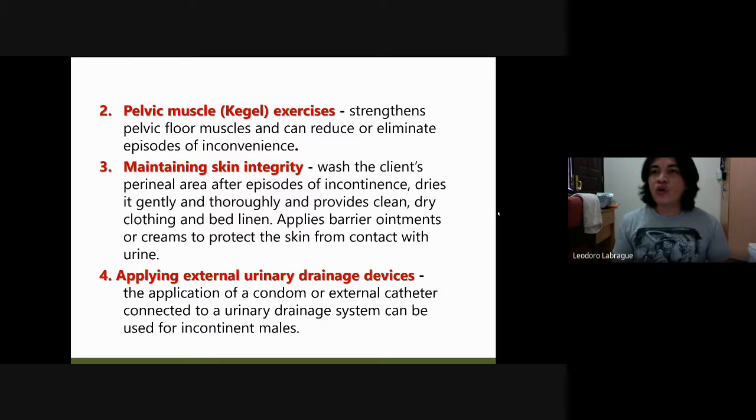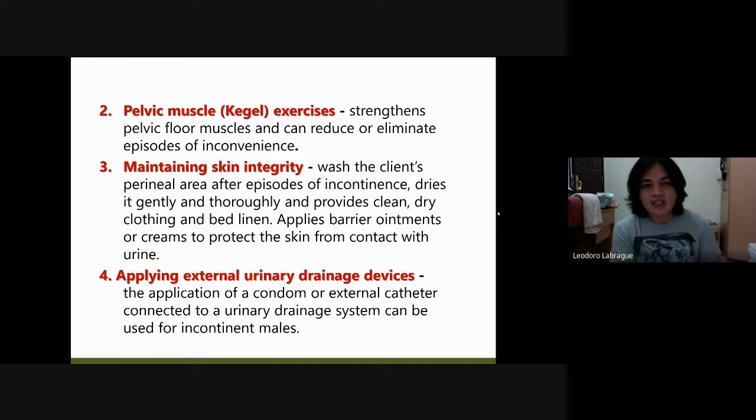Try to contract and control your pelvic area. When you relax and control your urination or defecation, that is how you do pelvic muscle exercise. Tighten and relax your pelvic muscle. You can feel the muscles in the pelvic floor relaxing and contracting. That can actually help reduce incontinence.